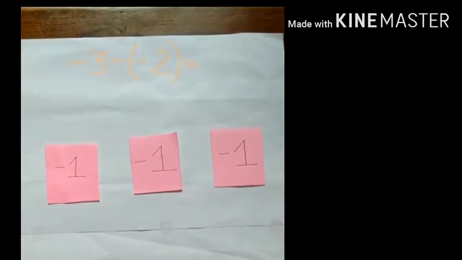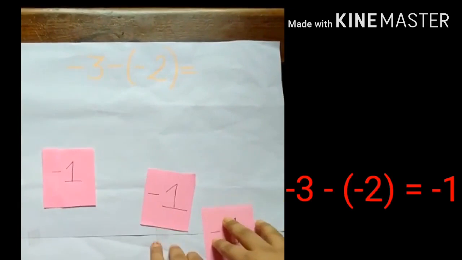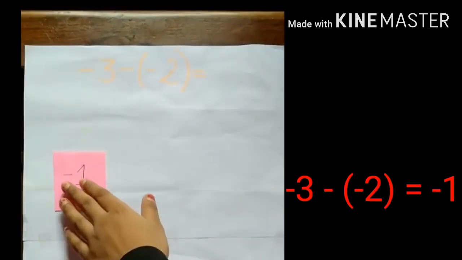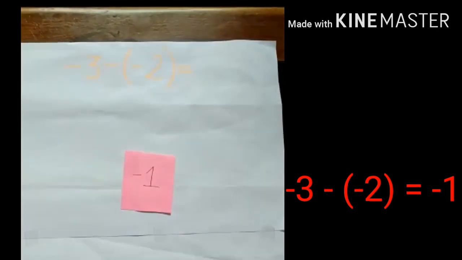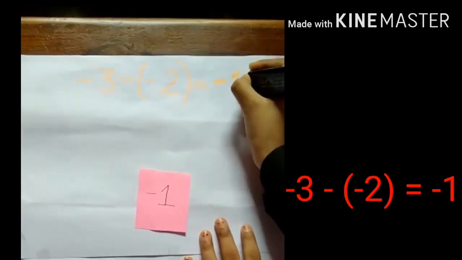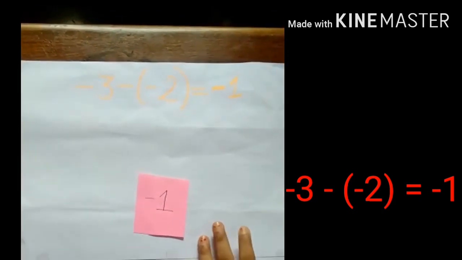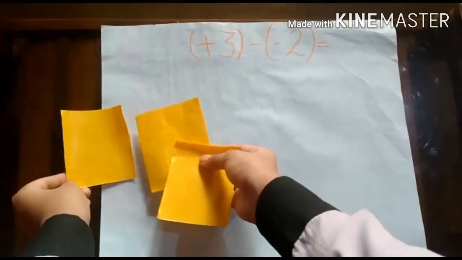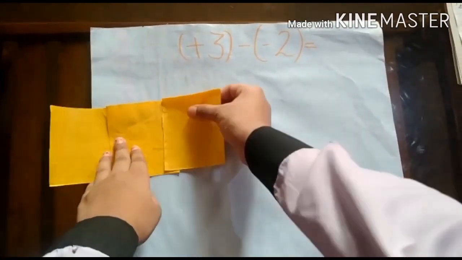Let's get started. 1, 2 and 3. Now I will subtract -2 from here, and the answer is left with -1. So the answer is -1. Now plus 3 minus -2. Positive 3: 1, 2 and 3.